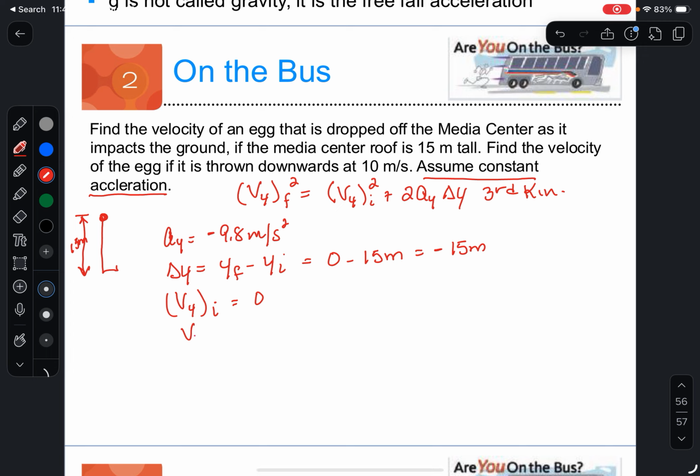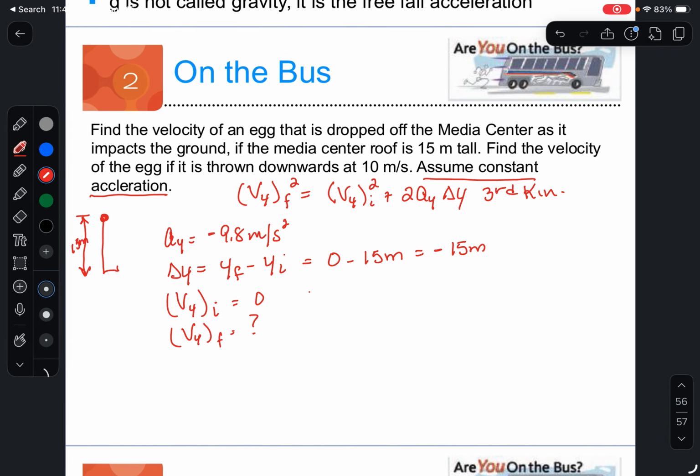And you're asked to find the final. So we actually have two parts, part A and part B. Let's do the first part. We want to find Vy final.